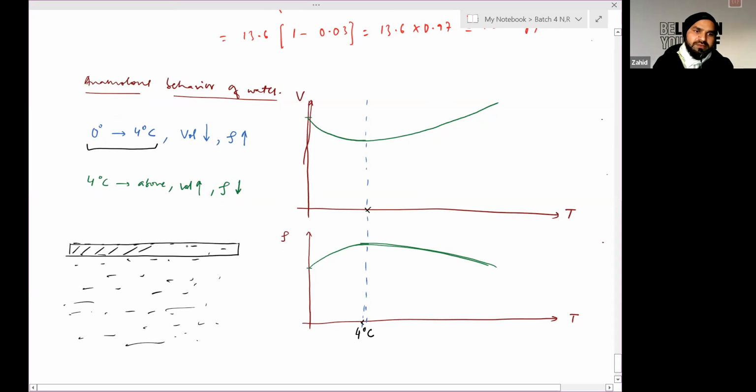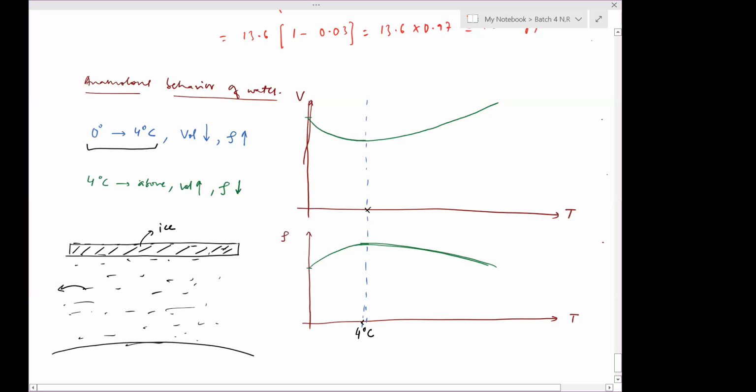And below this surface, water will have temperature greater than 0 degrees Celsius, so it will remain in liquid state, which will facilitate the survival of aquatic life just below this sheet. And this ice on the surface of water will act as shielding to that aquatic life. Is it clear? Yes, sir. Okay, just write it down.